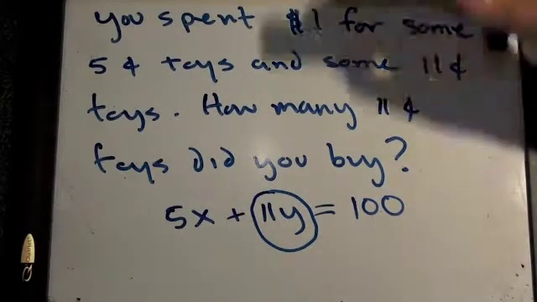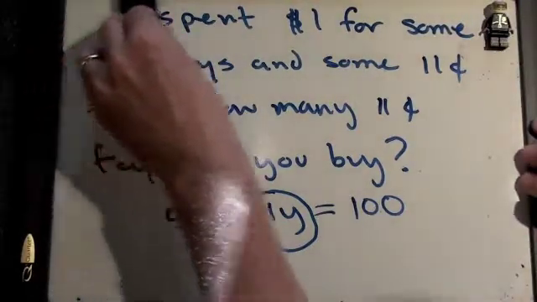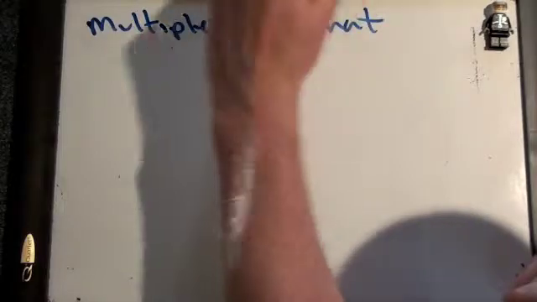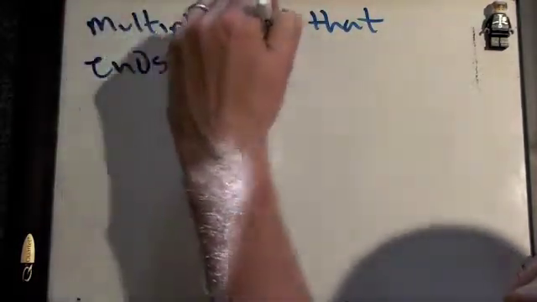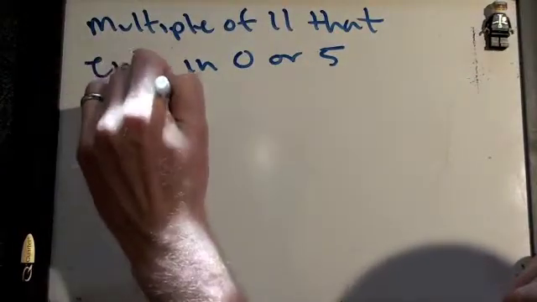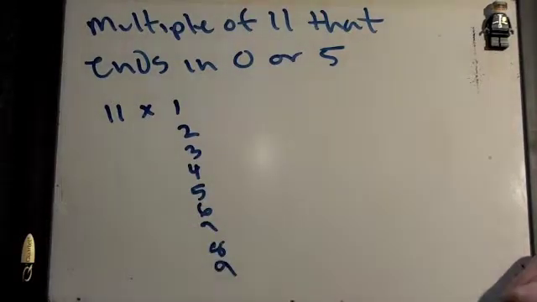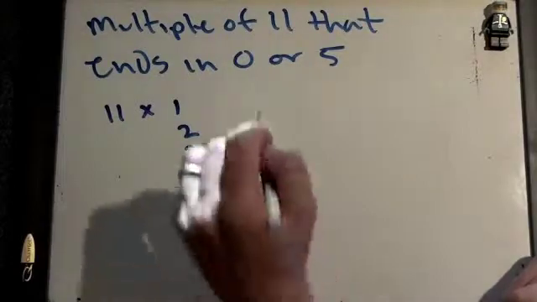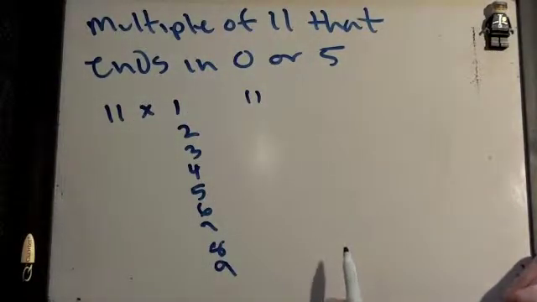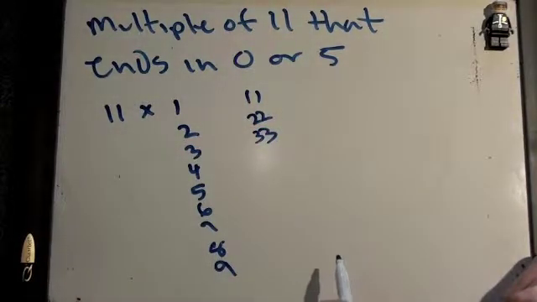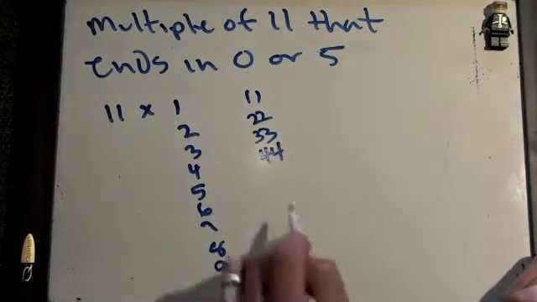55 is one of them. So let's check the multiples of 11. 11 times 1 is 11, that doesn't work. 11 times 2 is 22. 11 times 3 is 33. 11 times 4 is 44. 11 times 5 is 55.